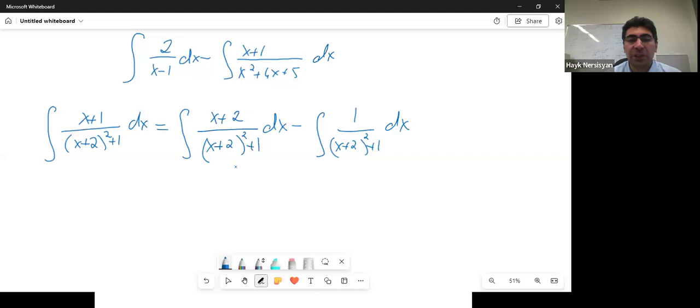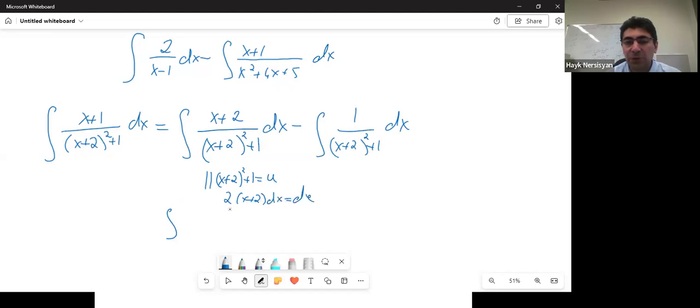So the first integral, we can do u substitution. Here, x plus 2 squared plus 1, if we denote by u, immediately we will get, so if this is our substitution, 2 times x plus 2 dx is going to be our du.